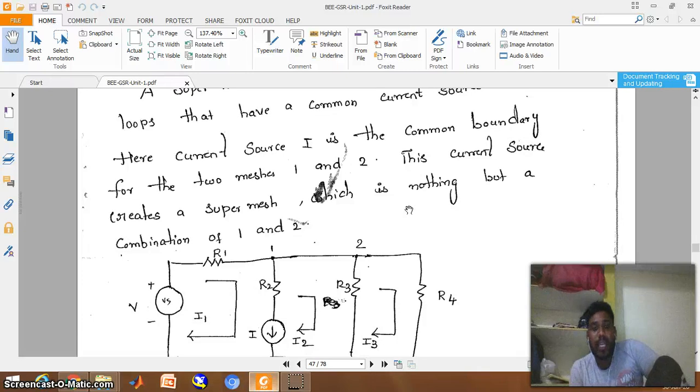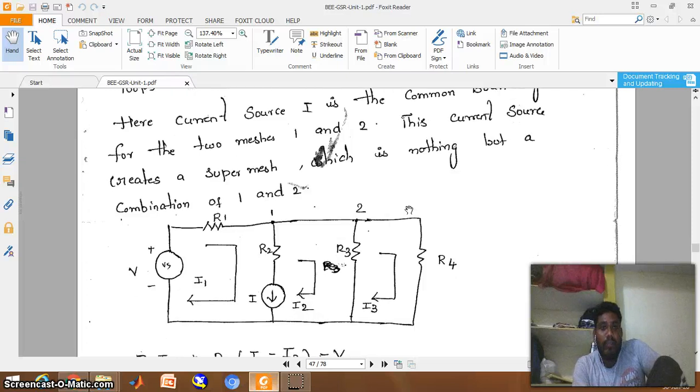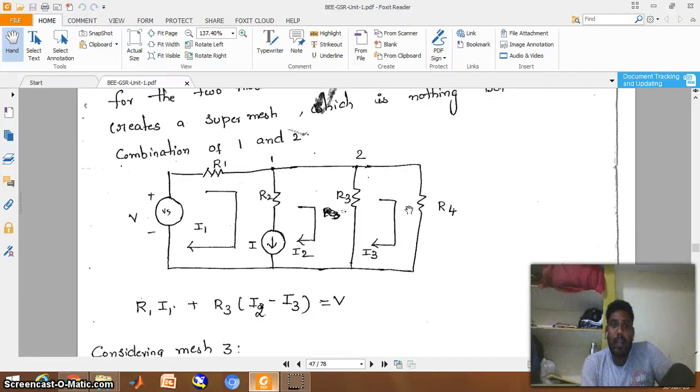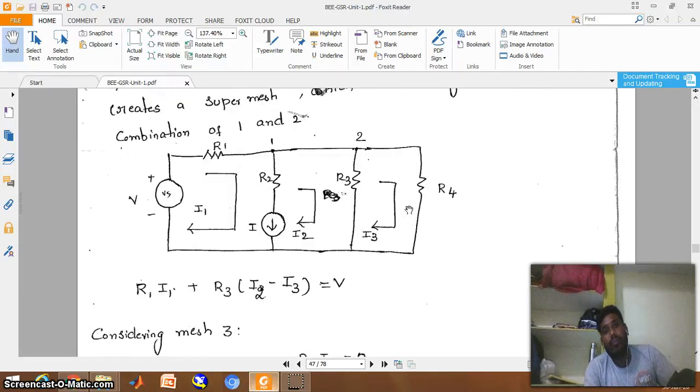Two adjacent loops are connected by a common current source. So I is the common boundary for the two meshes, mesh 1 and mesh 2. This current source creates a supermesh, which is nothing but a combination of loop 1 and loop 2.